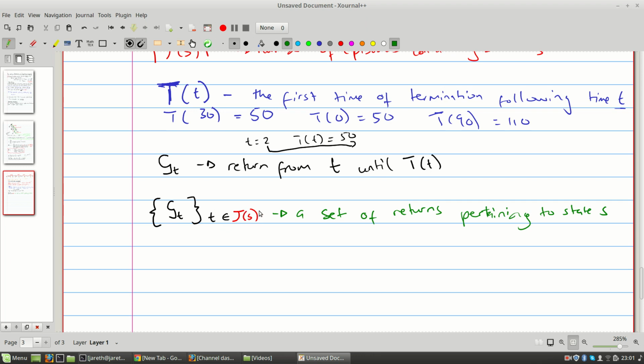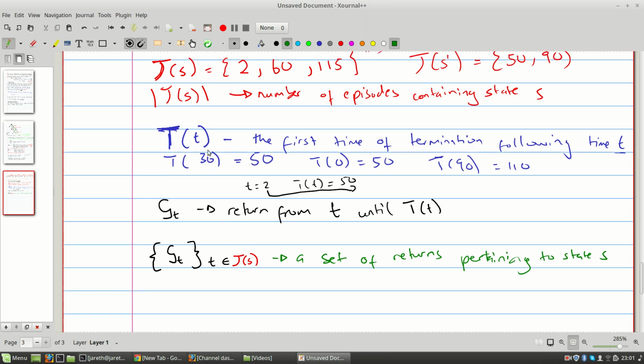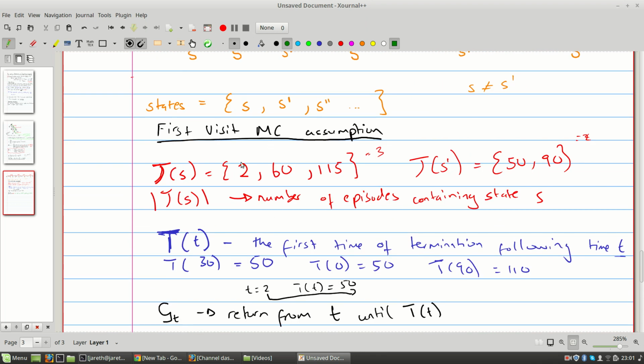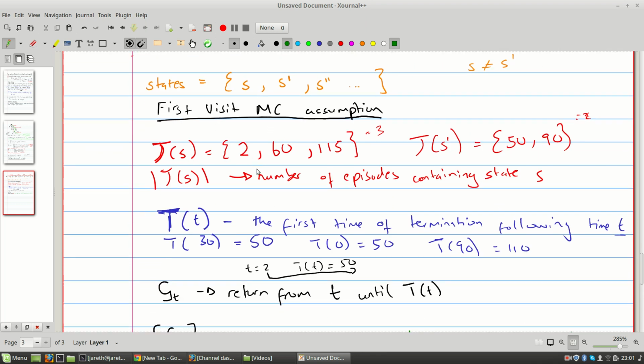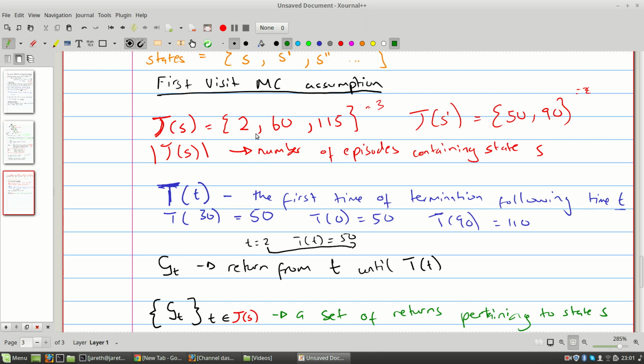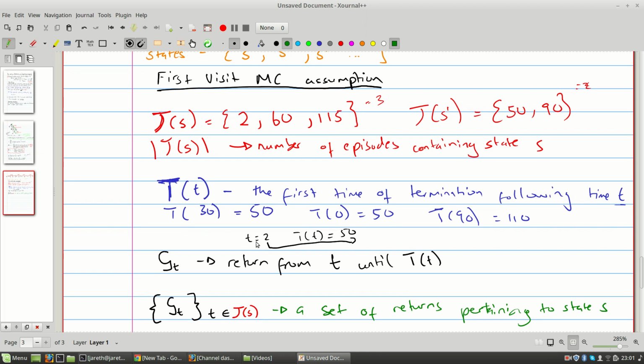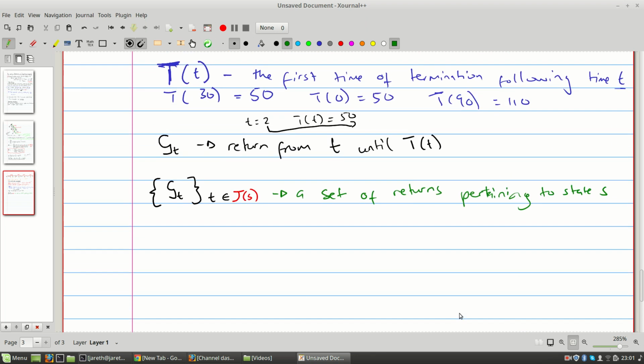Because what did we say tau of s is? Under the first visit assumption, it represents the time steps in which we visit state S. So since those are the time steps we visit state S, if we look at the returns from those time steps, we will get the returns pertaining to state S.